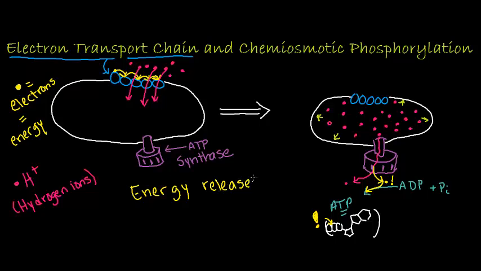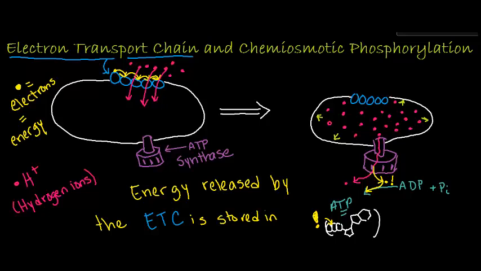So, the energy released by the electron transport chain is then stored in chemical bonds in ATP. And this is really, really important.